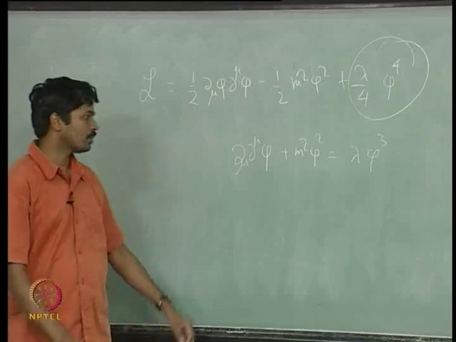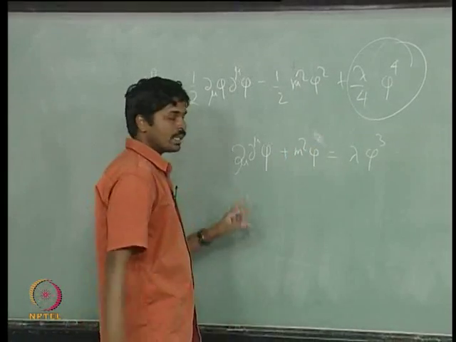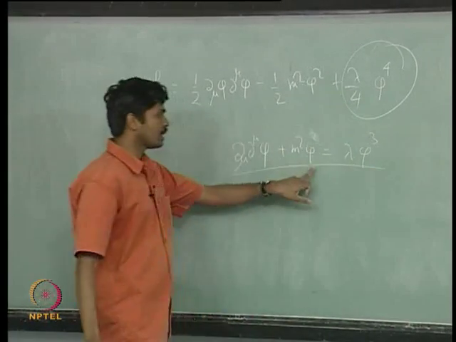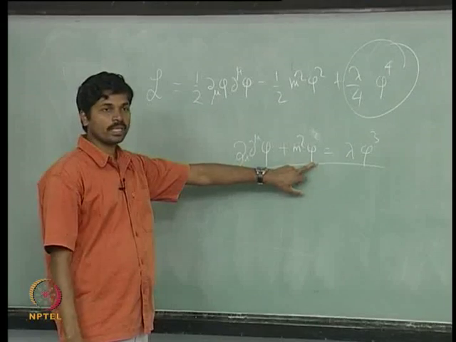It will look something like that, and as you can see, this is no longer linear in the field phi.